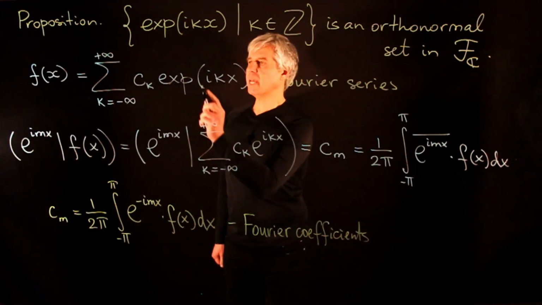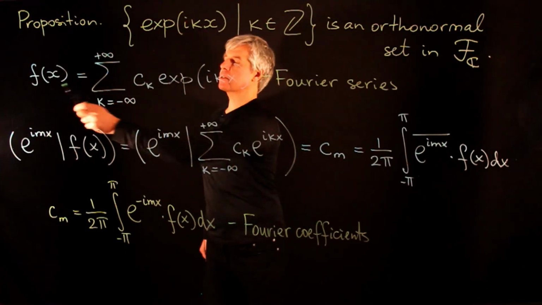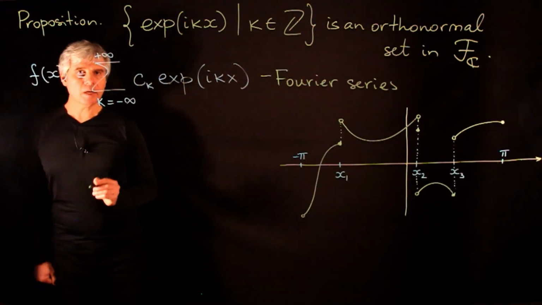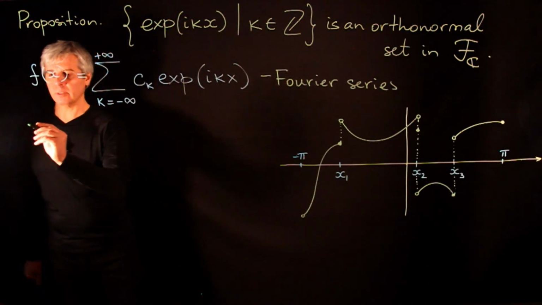It remains to make sense of this infinite sum and to understand in which sense we have equality. Now it's time to give a precise definition of a piecewise smooth function.